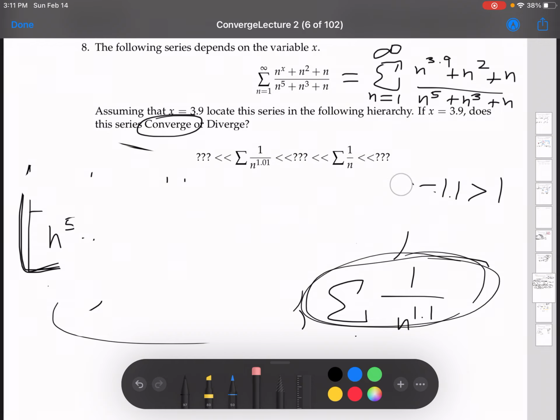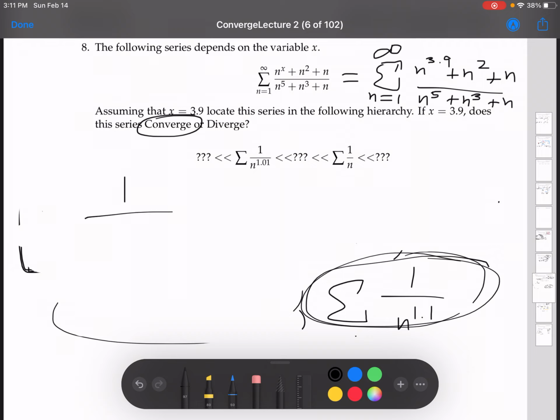So because 1 over n to the 1.1 goes to infinity slower than 1 over n to the 1.01, right?